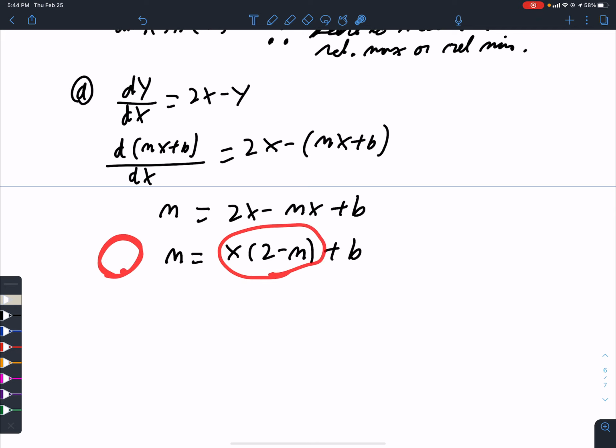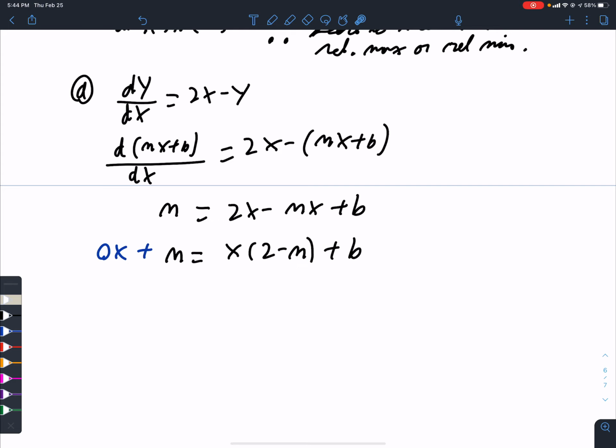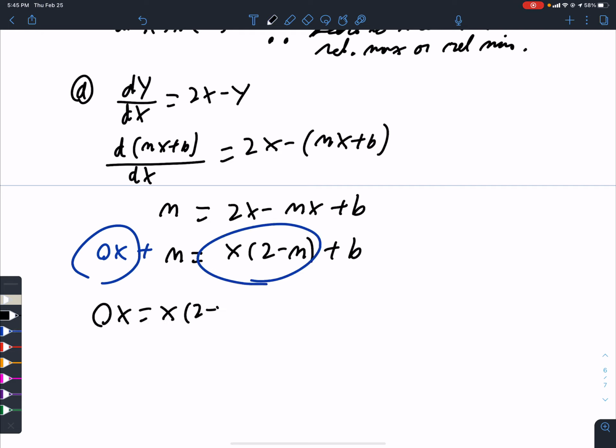There is no x. So there's 0 x's over here. They don't write down 0x when you don't have x's. So this must equal that. So I can make this statement: 0x equals x times 2 minus m. 0 equals 2 minus m. M equals 2.